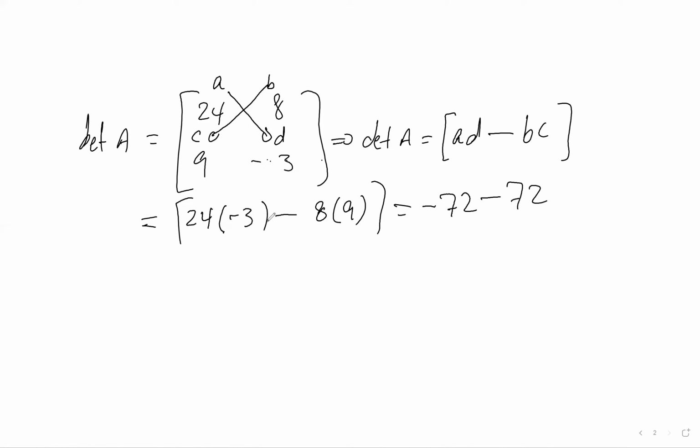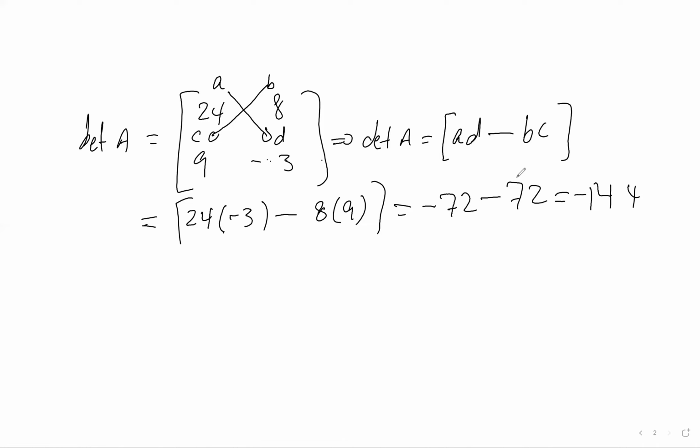If you didn't pay attention to the sign and you had positive here, then this would be equal to 0. But it's actually minus 72 minus 72, which is minus 144, not 0. If you had the positive here, then it was 0.